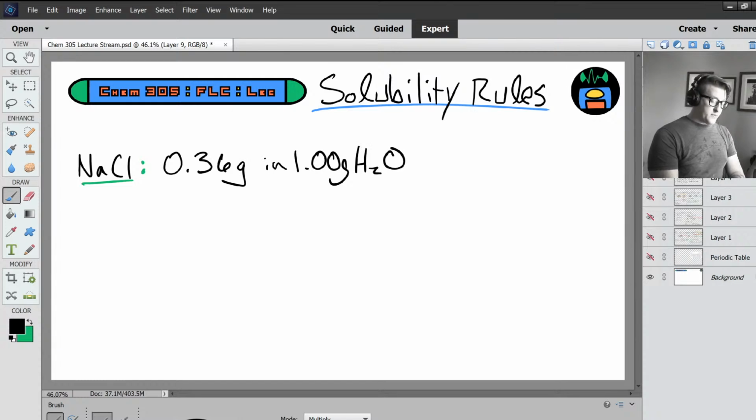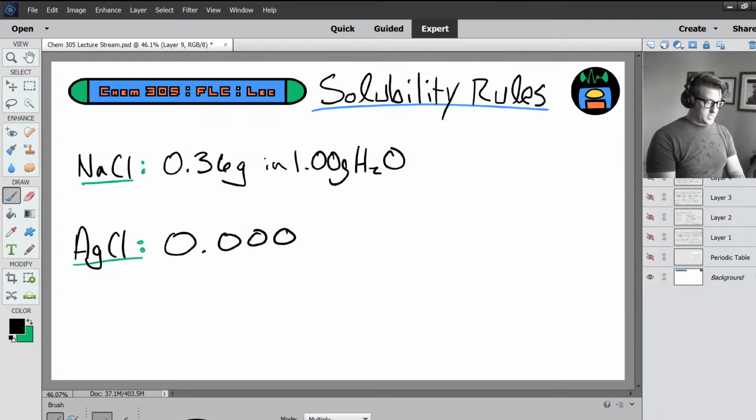All right, and for silver chloride, you can barely dissolve any silver chloride in H2O, right? You can dissolve 0.000002 grams of silver chloride in 1 gram of water.